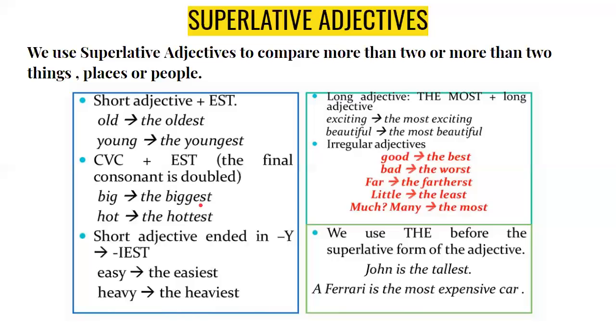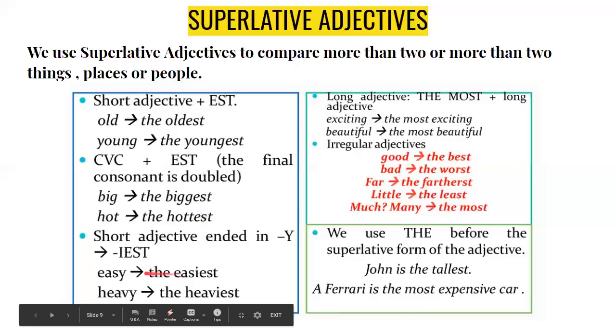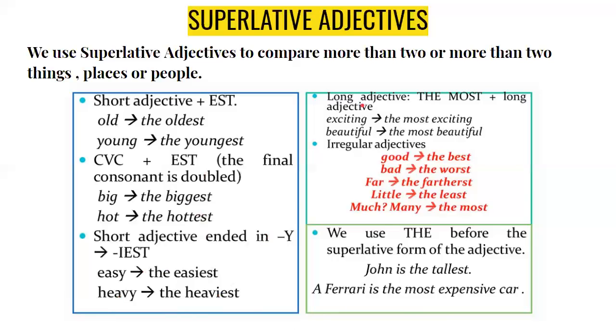The adjectives which end in Y, we add IEST. Easy, the easiest. Heavy, the heaviest. What about the long adjectives? They use the most. And what do we use in comparative? Yes, we use more.